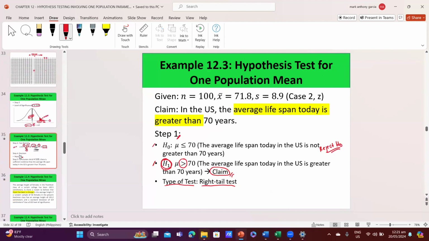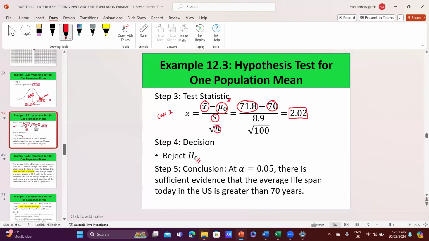To write our conclusion, we state it as follows. At the level of significance equal to 0.05, there is sufficient evidence that the average lifespan today in the US is greater than 70 years, which is our claim.